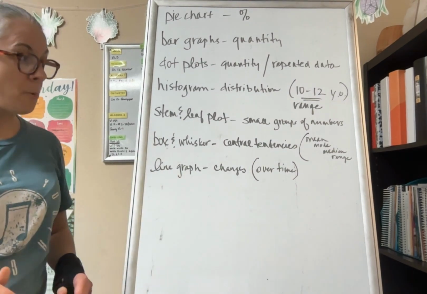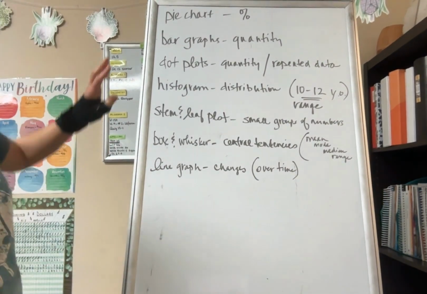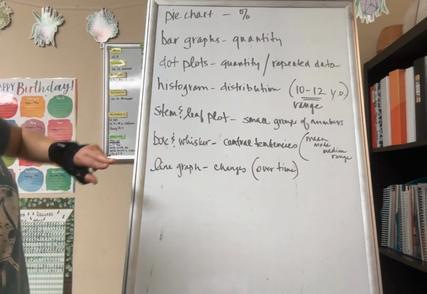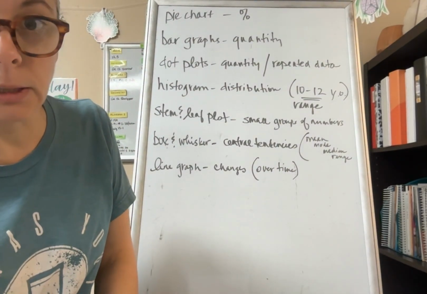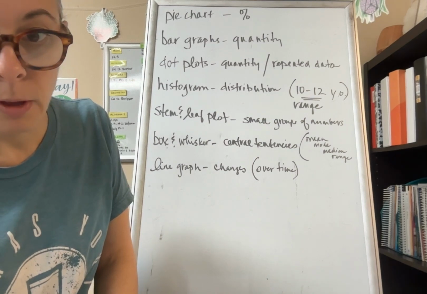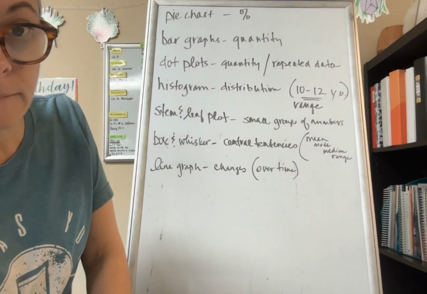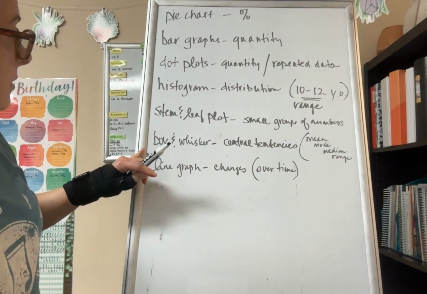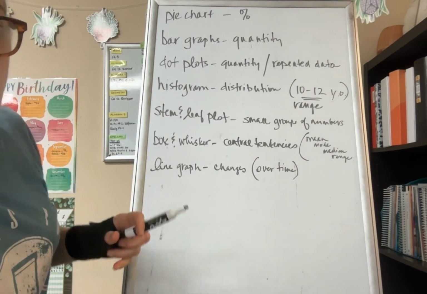Okay. So example 1 says that we're going to choose from the 8 types of graphs. Do we have 8 here? 1, 2, 3, 4, 5, 6, 7. What did I miss? Yeah. We have line graph. We have stem and leaf. We have box and pictograph.